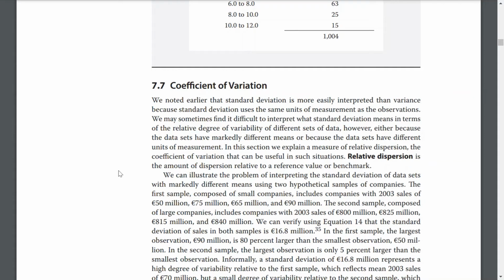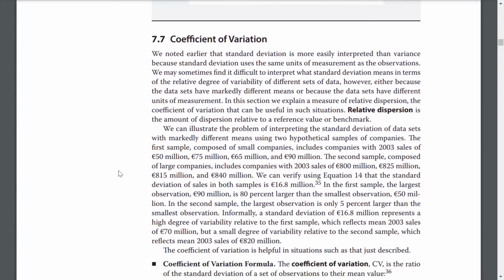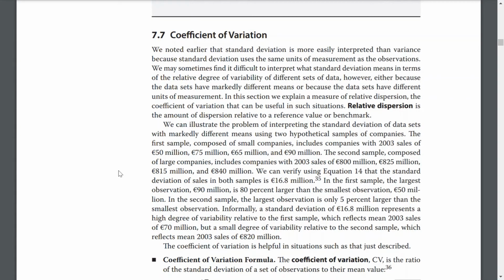We may sometimes find it difficult to interpret what standard deviation means in terms of the degree of variability of different sets of data, either because the data sets have markedly different means or because the data sets have different units of measurement. In this section, we explain a measure of relative dispersion, the coefficient of variation, that can be useful in such situations. Relative dispersion is the amount of dispersion relative to a reference value or benchmark.